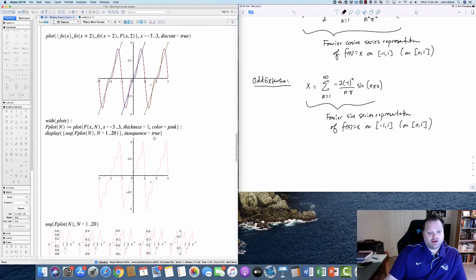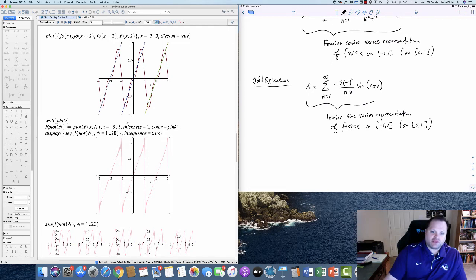And then here you can see that I do a sequence plot once again, and I'm getting sort of closer. For some reason, it was messing up the order on these. I'll have to figure out why that is. But you can kind of see here, once we get closer to 20 terms, it's doing a pretty okay job in the interval from 0 to 1.